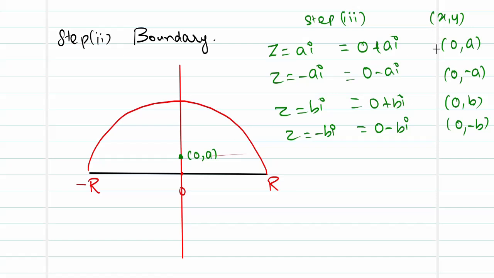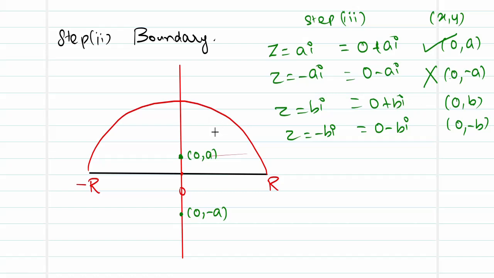So this lies inside my semicircle above the real axis. 0 comma minus a is going to be my point 0 comma minus a. So now this lies outside my semicircular region, which is going to be my integral part.